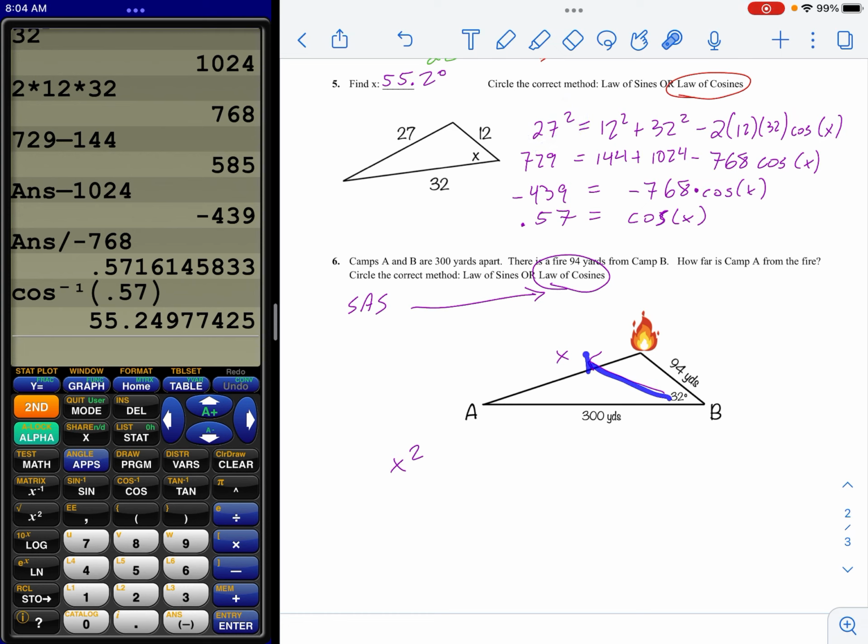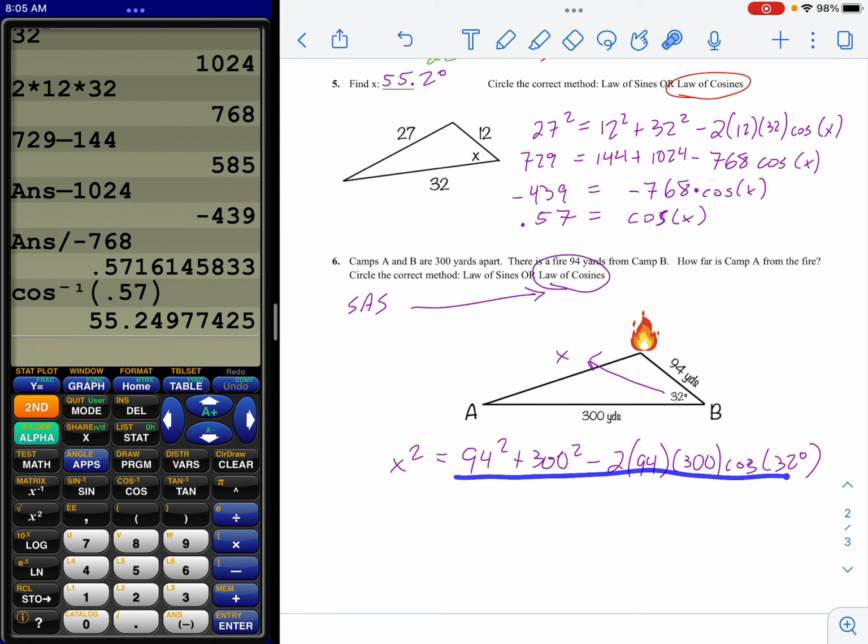So 32 degrees, across from that is x. And then the rest would be 394 would be like the 12 and the 32 up here. Okay? So 94 squared plus 300 squared minus 2 times 94 times 300 times the cosine of 32.